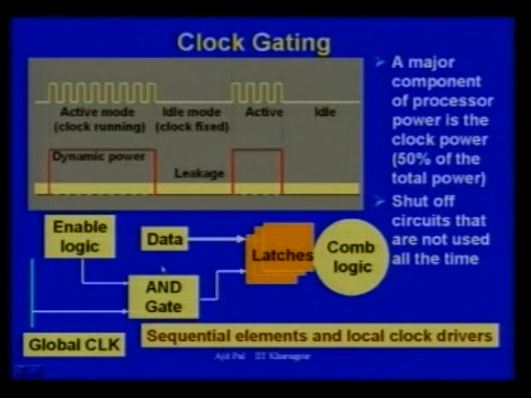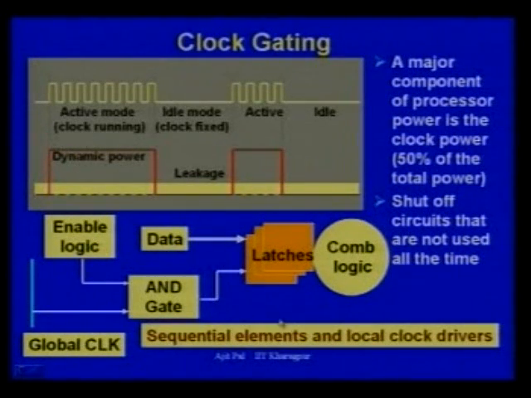What you can do is identify the condition when a data change is not necessary. You stop this clock; you are doing clock gating. It does not allow the clock to reach these latches, so there will be no change, no transition will occur, and there will be no power dissipation.